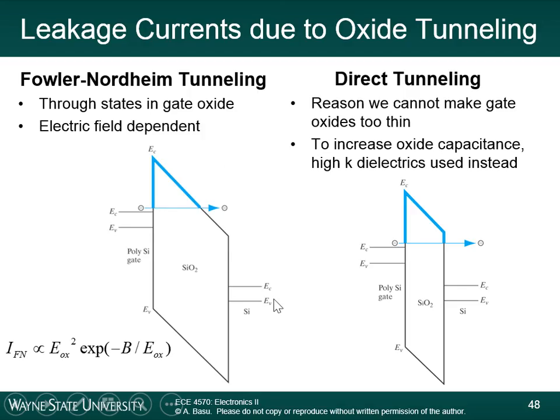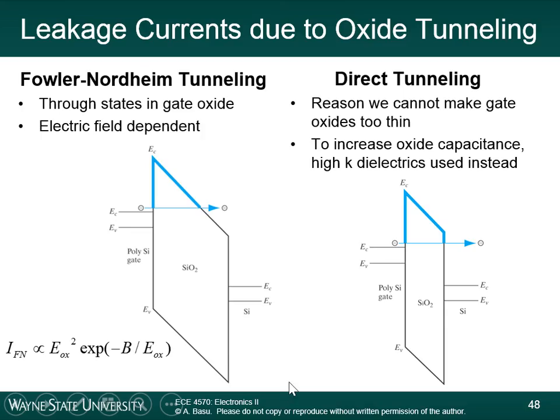You can see the difference in terms of the energy band diagram. Here the electron over here can tunnel through a portion of the oxide, but it can also go through available energy states in the oxide layer and then deposit itself on this side. So let me speak a little bit more about that.